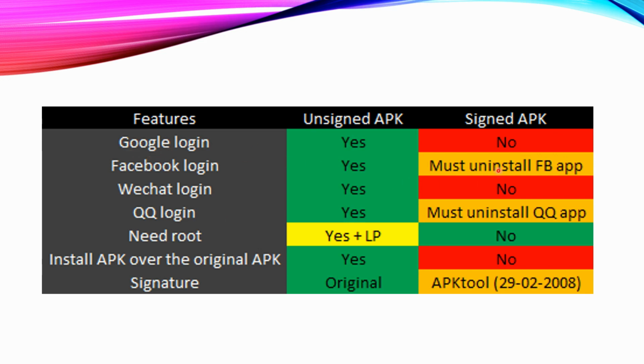You could log into Facebook, QR app, and other stuff without having the original apps installed. Let me explain. If a game has Facebook login and you want to log in to your account through Facebook, you will need to install the Facebook app. Like that, you could still log in.